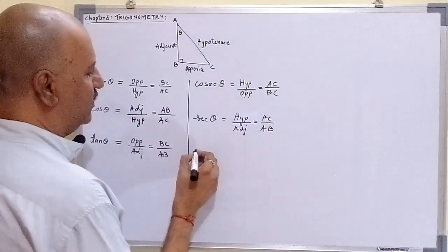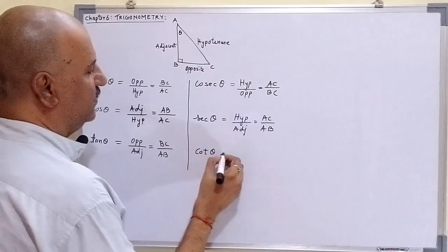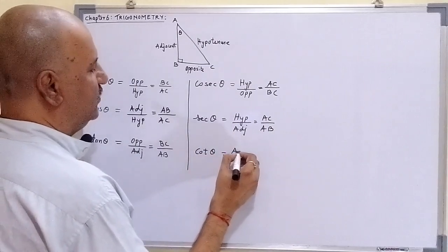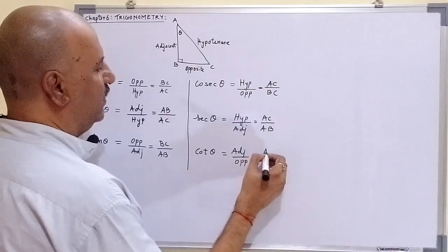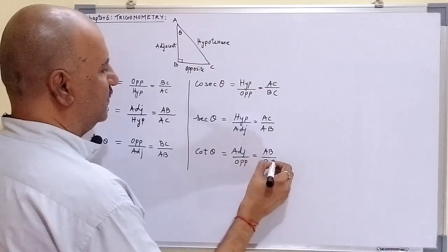And cot is cotangent, that is adjacent upon opposite, AB upon BC.